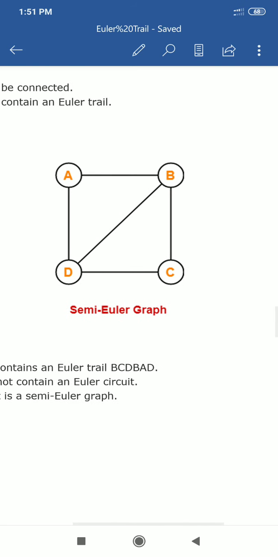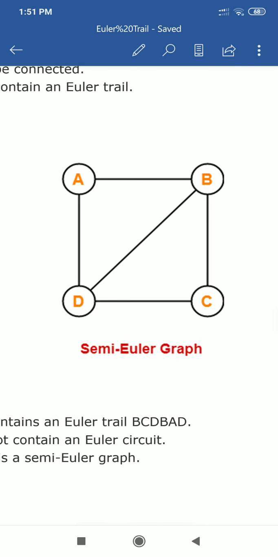You will find an Euler trail, and you will certainly not find an Euler circuit. An Euler trail is a trail that contains all the edges of the graph. The only difference is that the starting and ending vertices are different.